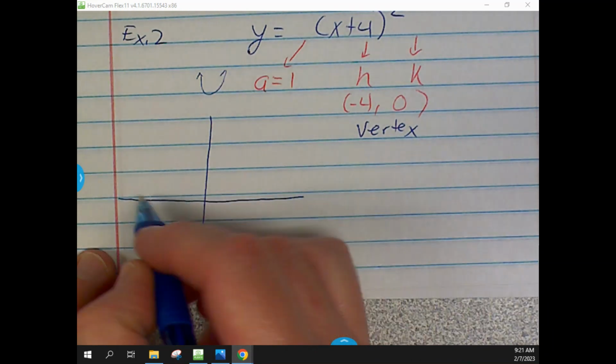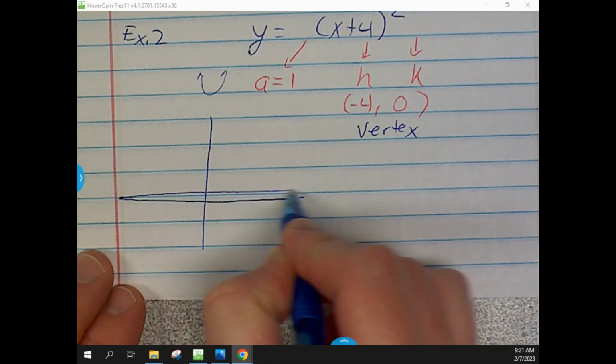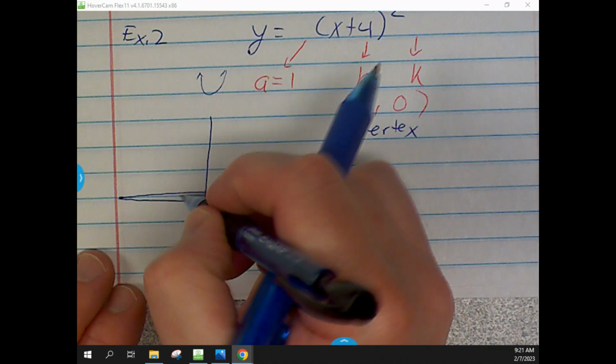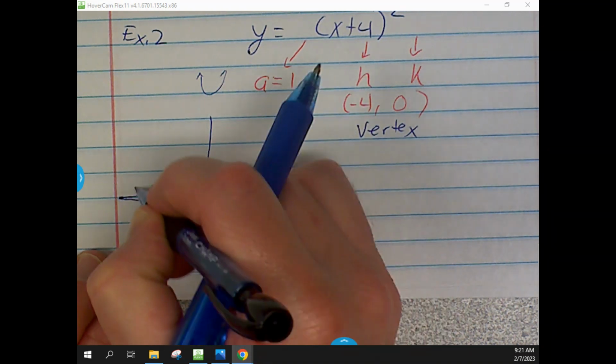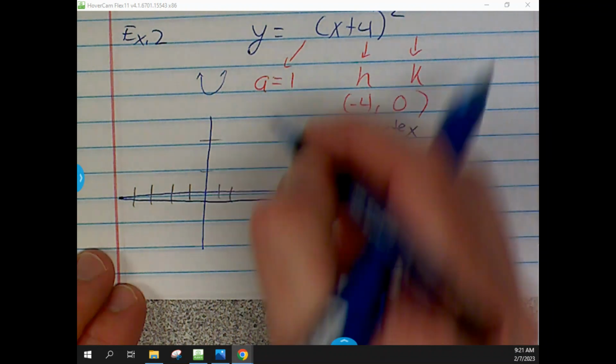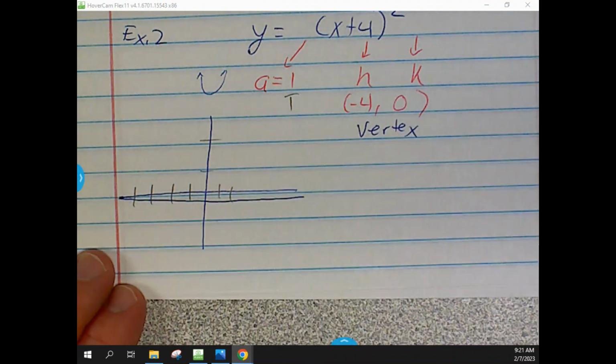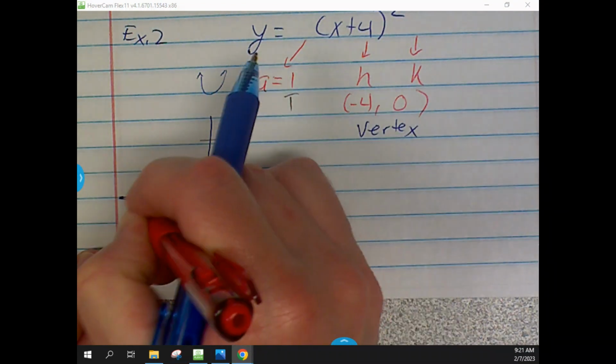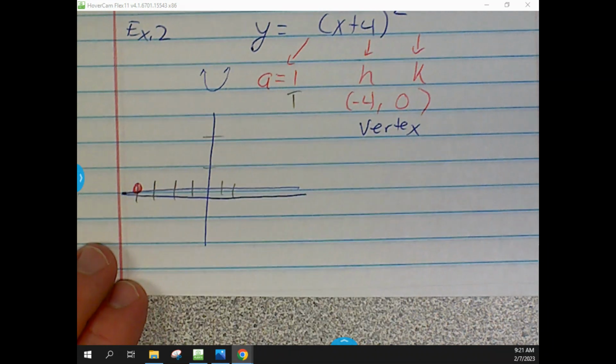That was a terrible line, by the way. Okay, so we know we're going to go to -4, 0, put a point there. That's where the vertex is going to be.